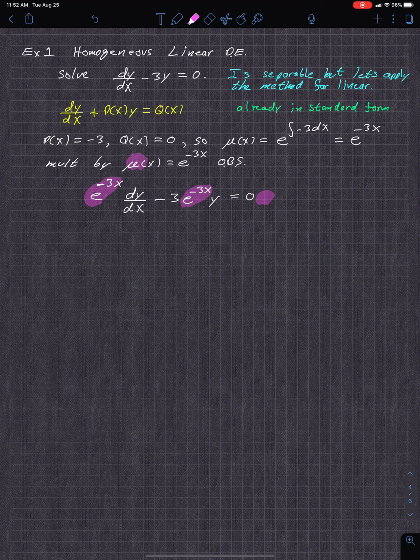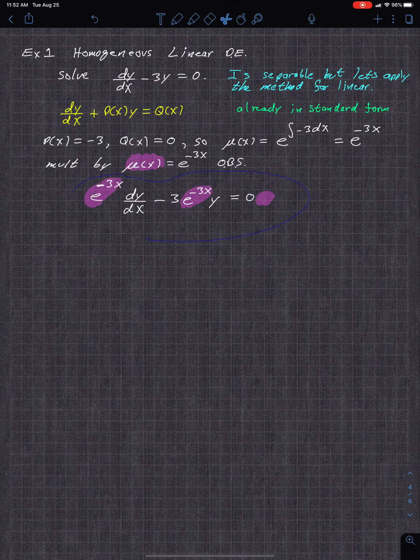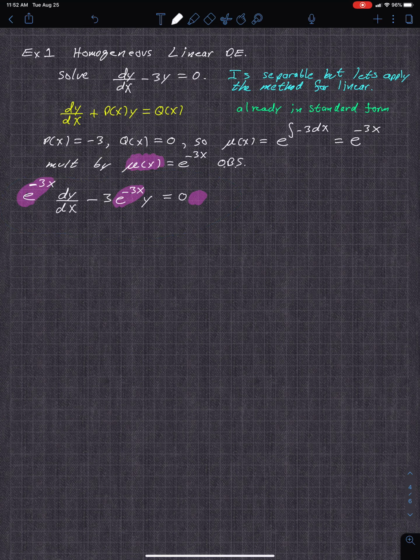That's what you multiplied by. That is equivalent to the form, and this is the part you have to kind of see, that it's already that form of d/dx of mu of x times y. That's what you built by choosing your mu of x.